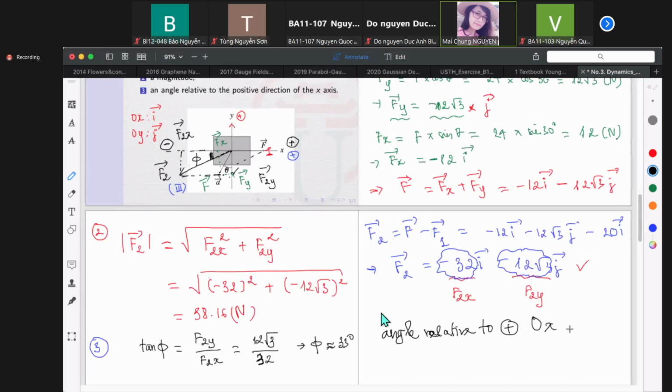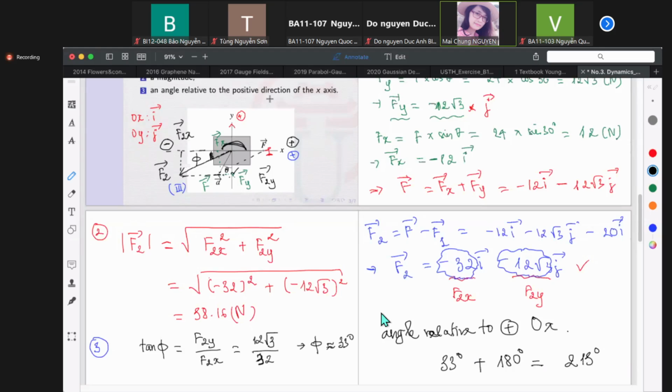So it must be 30 degrees. Plus 180 degrees, right? And finally we get 213 degrees. That's the final answer.